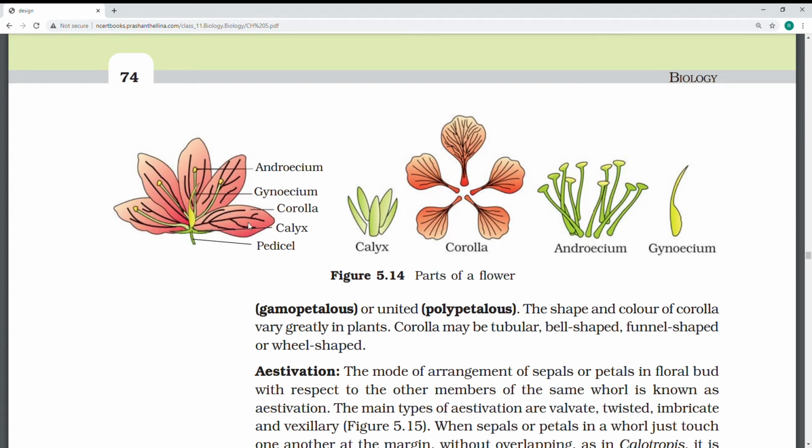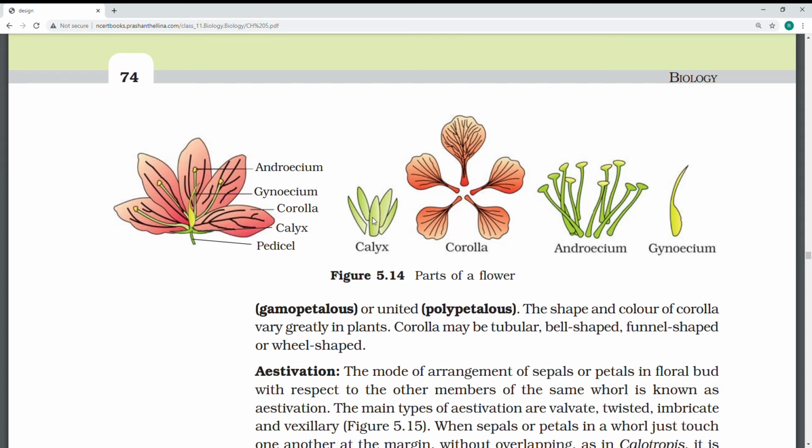When these petals are united, same like calyx only. If they are free, it is polypetalous, like hibiscus. If they are united, these you see, these are called gamopetalous. See the calyx. When it is fully united, this is called gamosepalous.